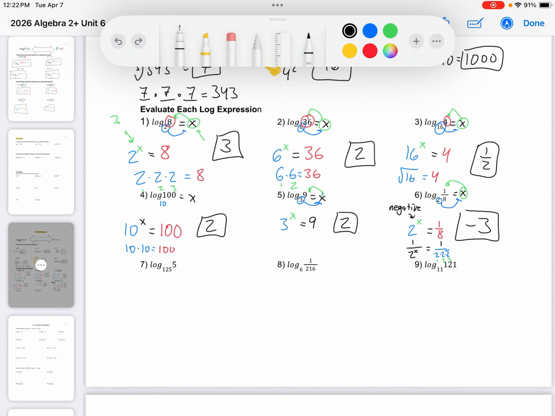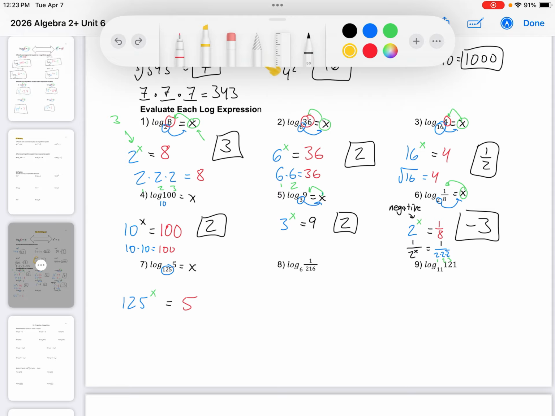Okay. Last, we've got number 7, log base 125 should equal, to the power of x. So 125 to the power of x should equal 5. So here's another example where our base ends up being a smaller whole number here. So the 125 gets smaller.